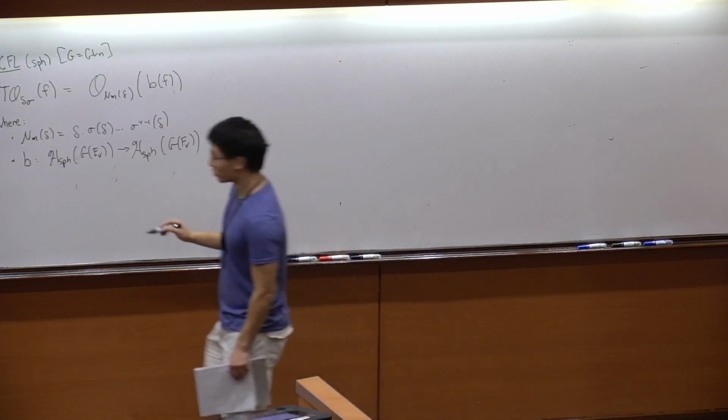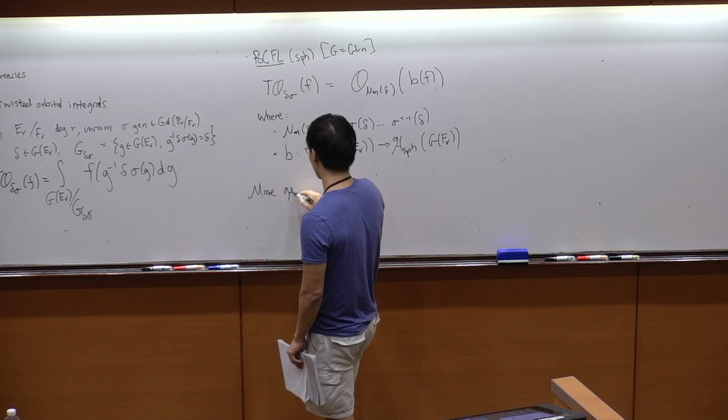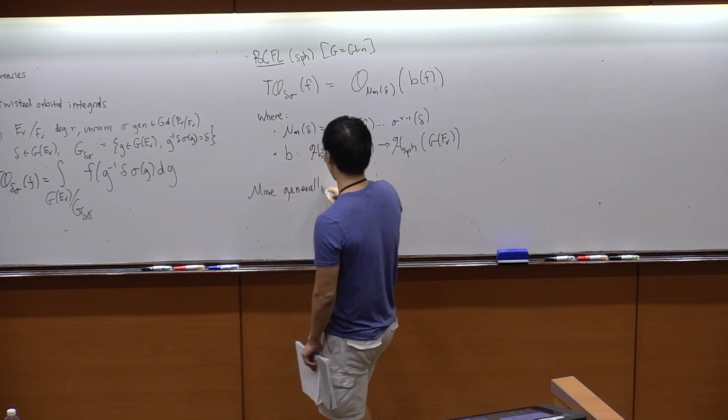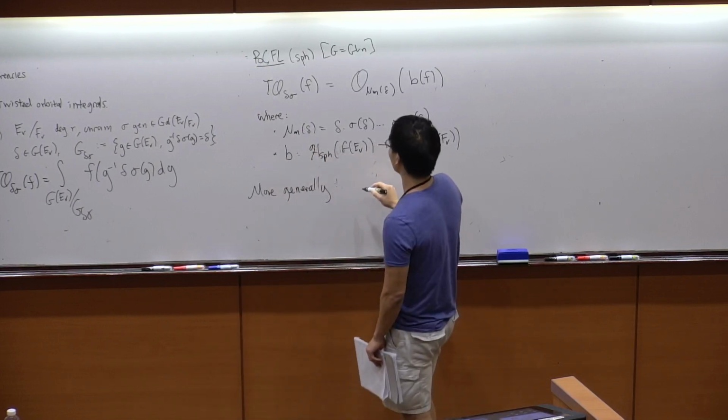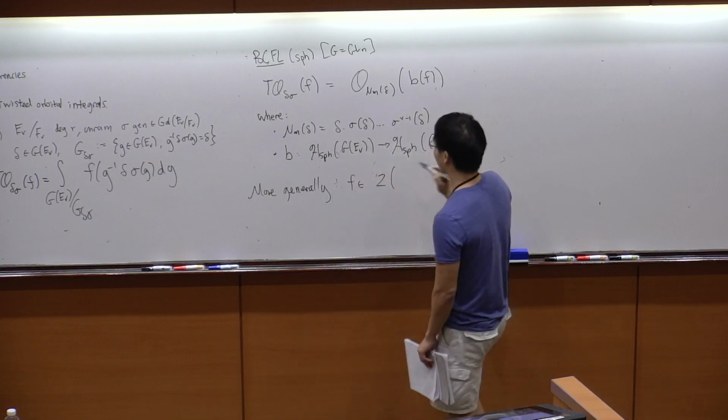Okay, so there's a more general version. We can allow F to be in the center of a parahoric Hecke algebra.